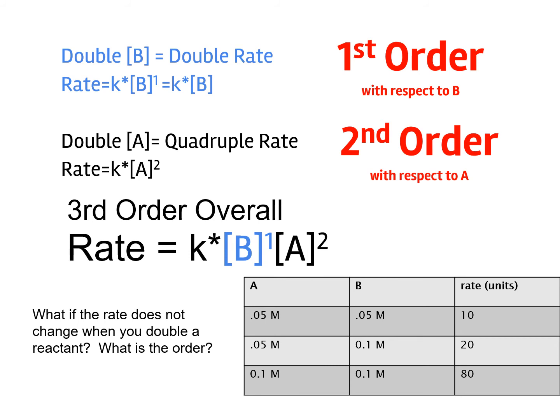So when you have a scenario where you double the concentration of a species and the rate doubles, that is defined as first order with respect to the species that is being varied. That concentration is being varied. So we have here first order with respect to B.